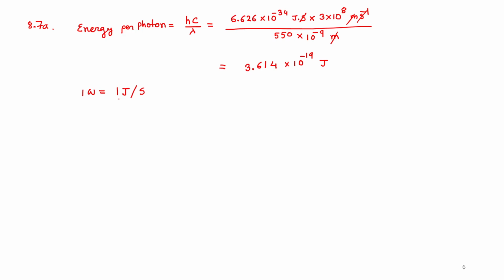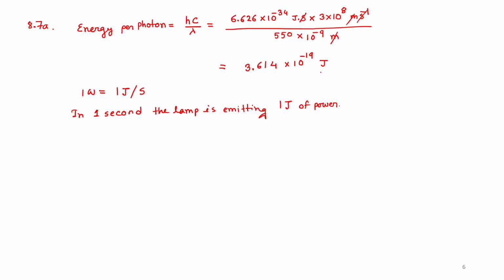So the power is 1 joule per second, that is 1 watt. So in 1 second, the lamp is emitting 1 joule of energy.